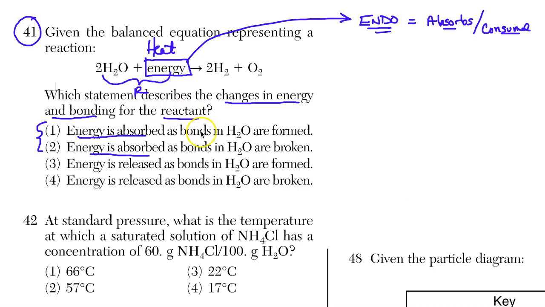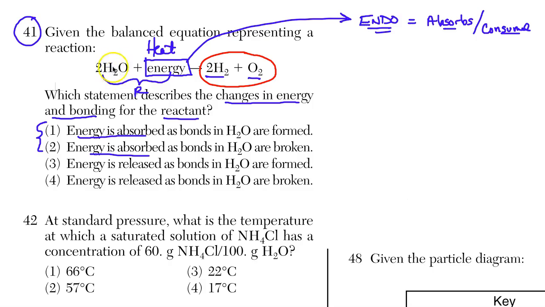Now the question is, are the bonds broken or formed? Well, we know that H2O2 is going to make H2 and O2. In order to make new products, which is what a chemical reaction is, these bonds have to be broken.